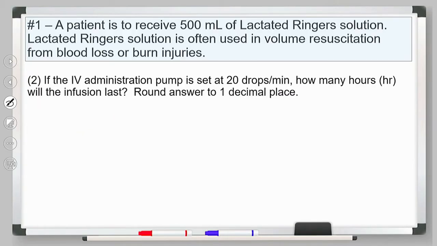So let's back up a little bit and say, okay, if the IV administration pump is set to administer 20 drops per minute, how many hours will the infusion last? It's convenient that we can now start with drops because we know my bag contains 7,500 drops.